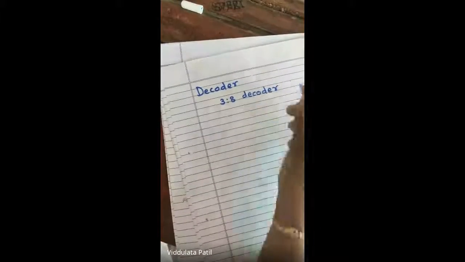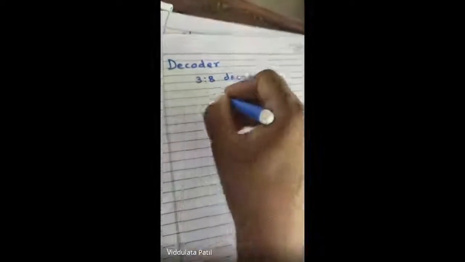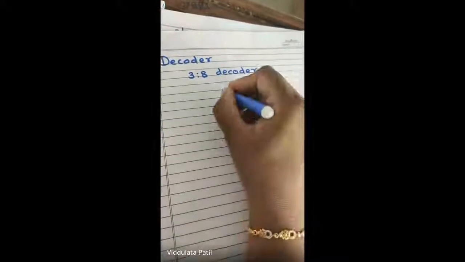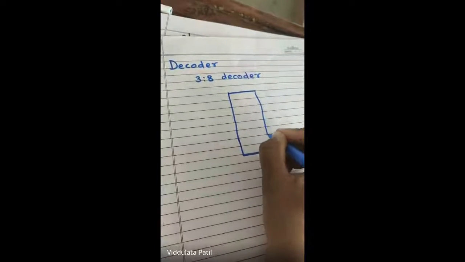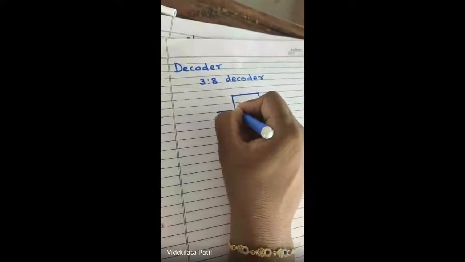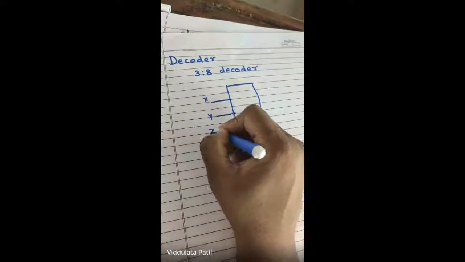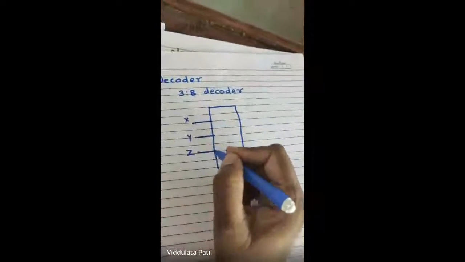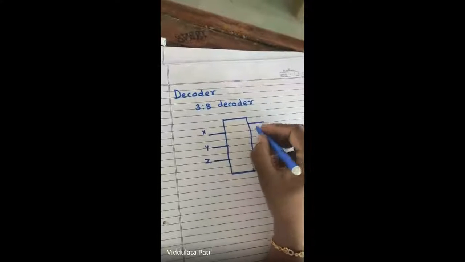Exactly opposite to the example we just saw, we will now see that we have 3 inputs and we will convert them into 8 outputs. So that means we have the circuit which has 3 input lines, suppose X, Y and Z. As these are the 3 input lines, n input lines are converted into 2 raised to n, that means it will be converted into 8.